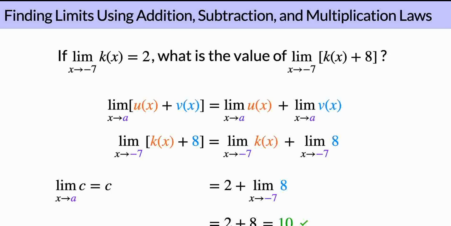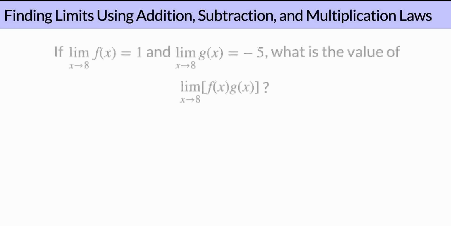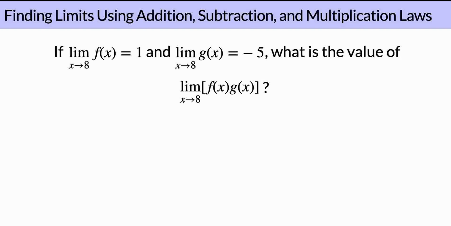Nice work! How about this one? If the limit of f of x as x approaches 8 equals 1, and the limit of g of x as x approaches 8 equals negative 5, what is the value of the limit of f of x times g of x as x approaches 8? Here we can apply the multiplication law.